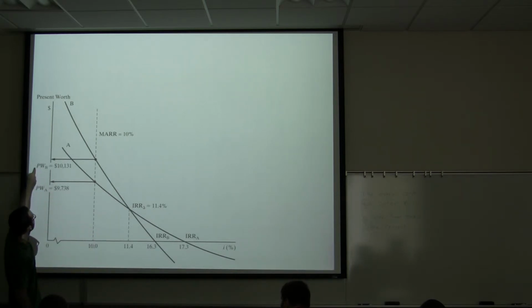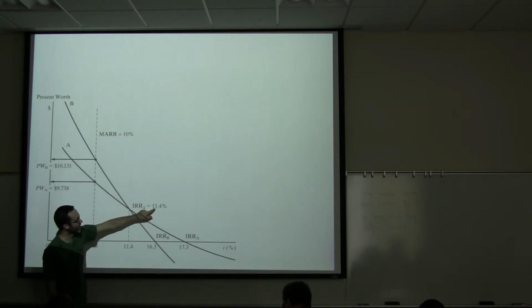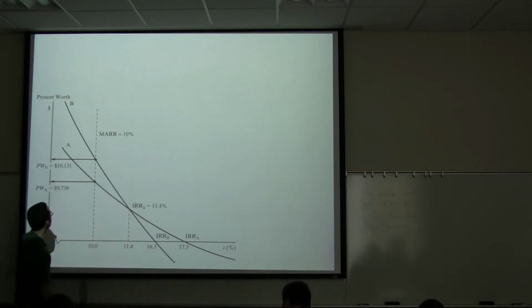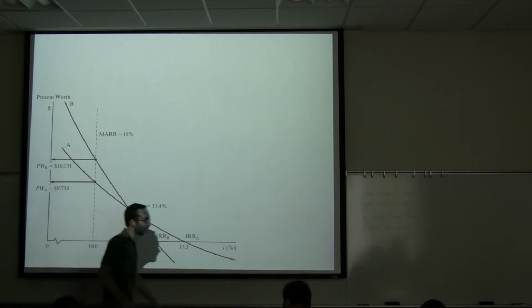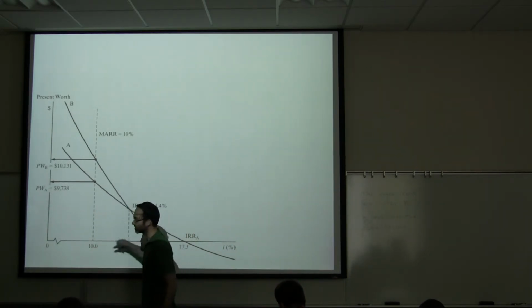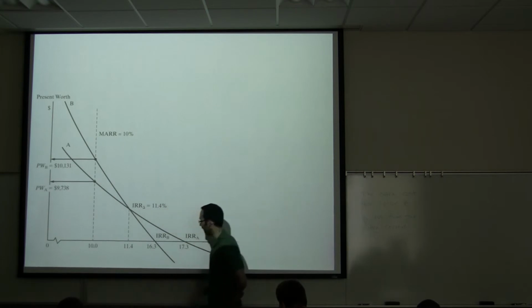So option B, which was better at first, stops being better at 11.4%. If you have to pay 11.4% or more, then it would have been better to have option A instead of option B. So this is a graphical illustration of, on this axis, the interest rate that everything is discounted at, and on this axis, the present worth of the cash flow diagram.